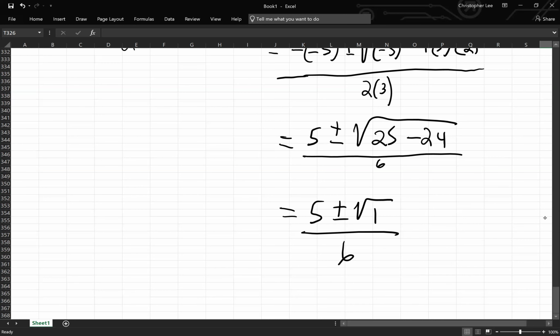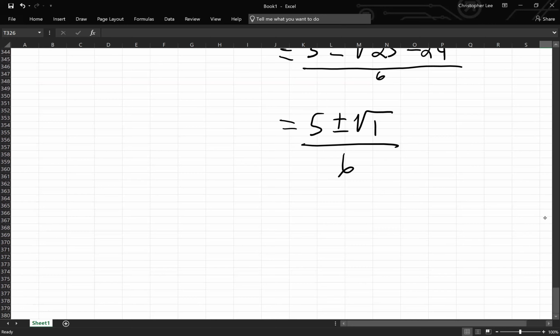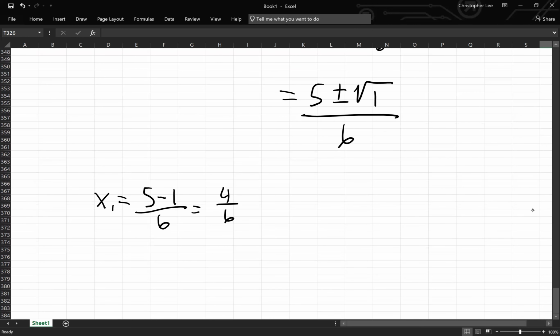So now I'm going to have two answers here. X1 is going to be 5 minus 1 over 6. Call that 4 over 6. And then the other one, X2, is equal to 5 plus 1 over 6. Let's call that 6 over 6. Call that 1. Any questions on this?